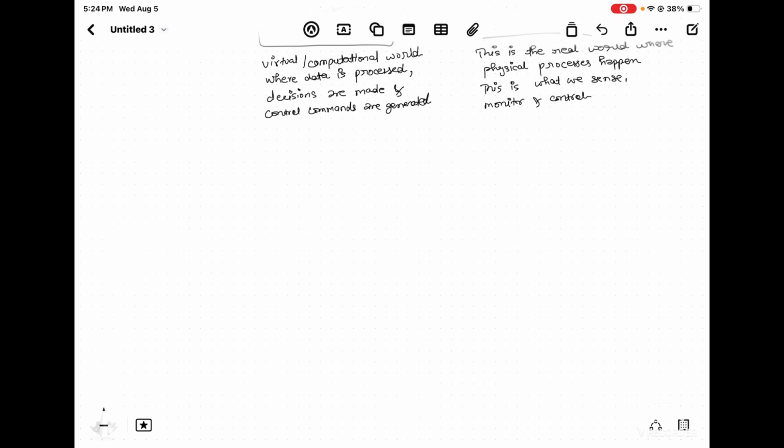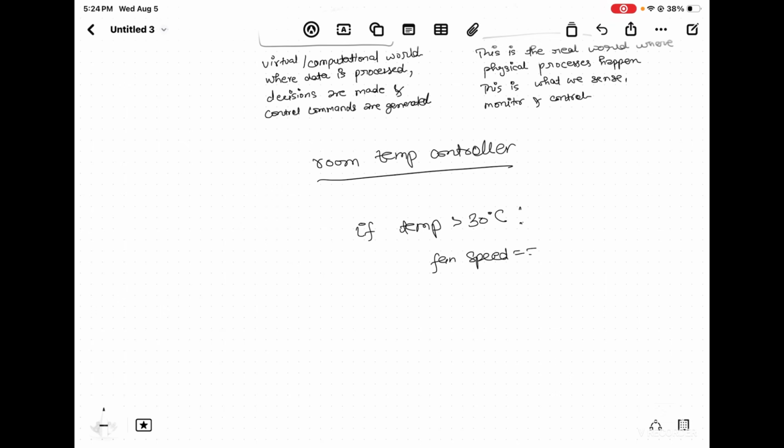For example, you have a room temperature controller. If the temperature of the room exceeds 30 degrees centigrade, then you make the fan speed high. And if it's less than 30 degrees Celsius, make the fan speed low.